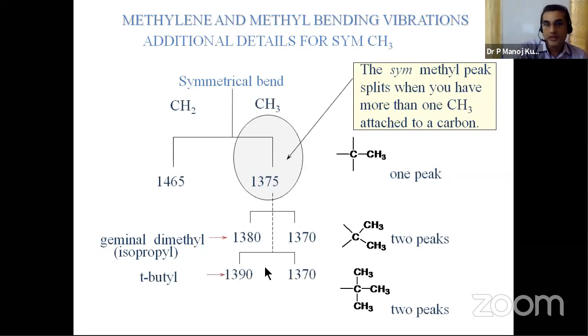You again get 2 bands, only you subtract 10 from 1380 to get 1390 on one side, keeping 1370 constant. I think all of you can remember these values very easily: 1465, 1375, and the split. In both cases, isopropyl and tertiary butyl, you will get 2 peaks.